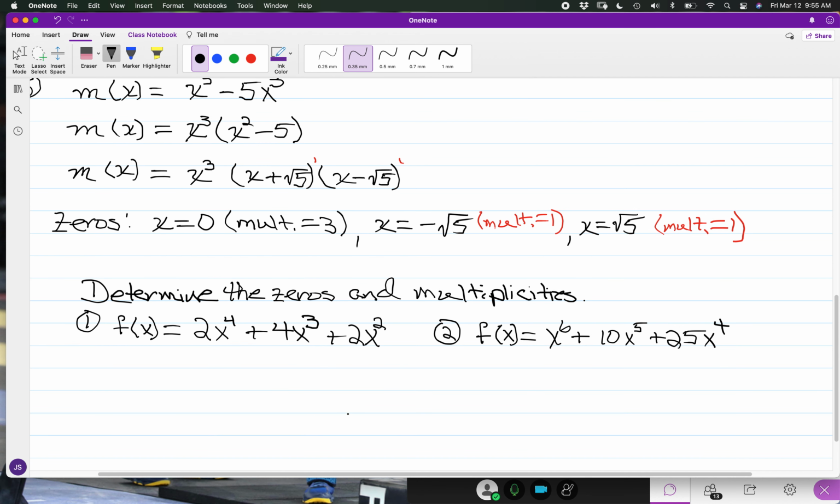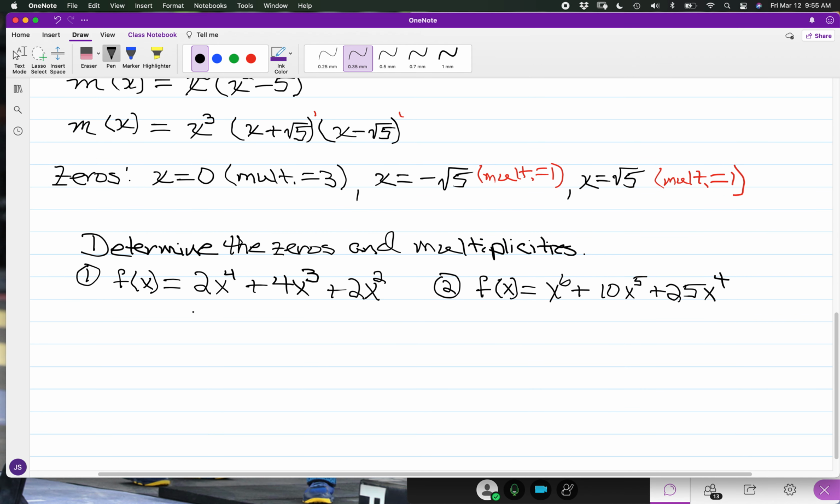For these exercises, looking for the zeros and the multiplicities, for the first function we have f of x is equal to 2x to the fourth plus 4x cubed plus 2x squared. Now looking at factoring, all the terms have an even valued leading coefficient: 2x to the fourth, 4x cubed, and 2x squared.